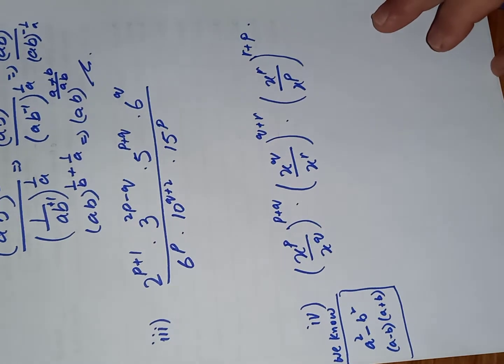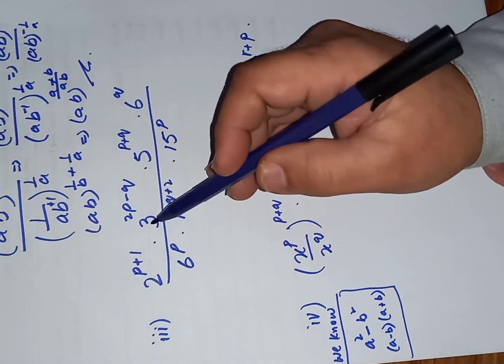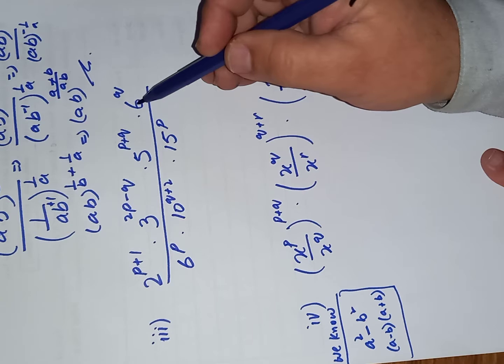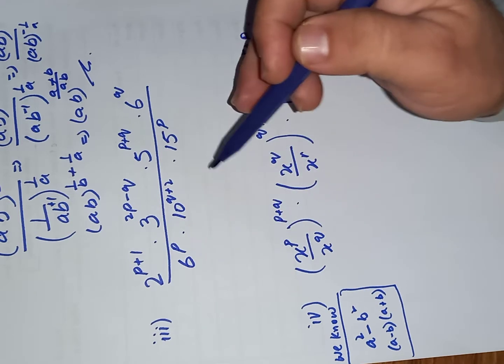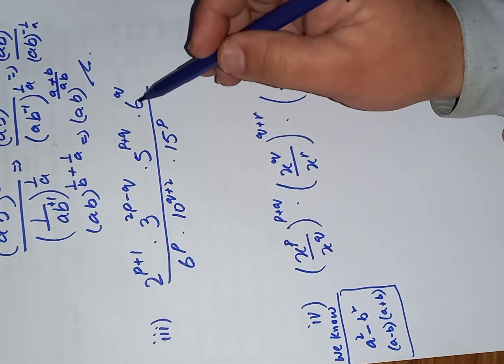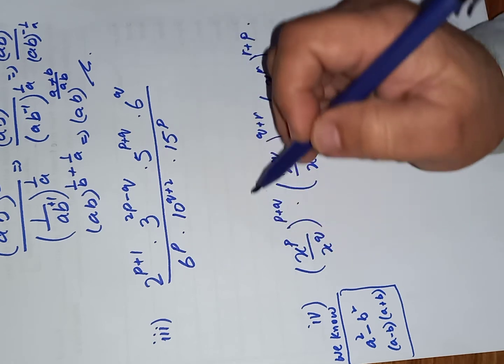In this question we can see some are prime factors but some composite factors are also there. So we will split this into prime factors first of all.